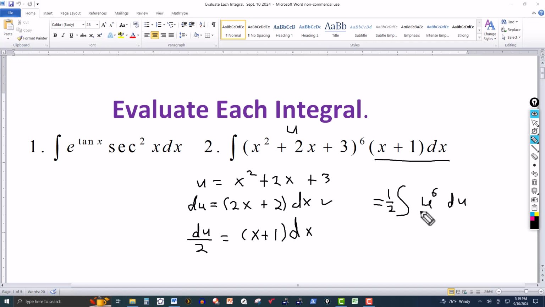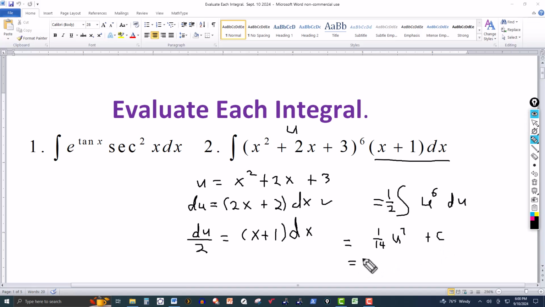Then I just integrate this with respect to u. Add 1 to the exponent, that'll give me u to the 7th. Then I divide the 1/2 by 7, so that'll be 1 over 14, plus the constant of integration.